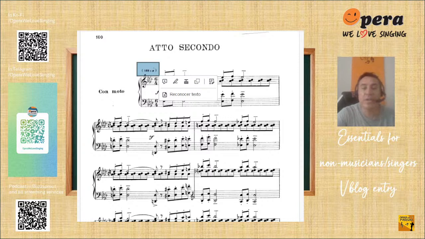So that's how it's going to start. And so now we know that it's going to be very fast. And this is what we are about to hear.